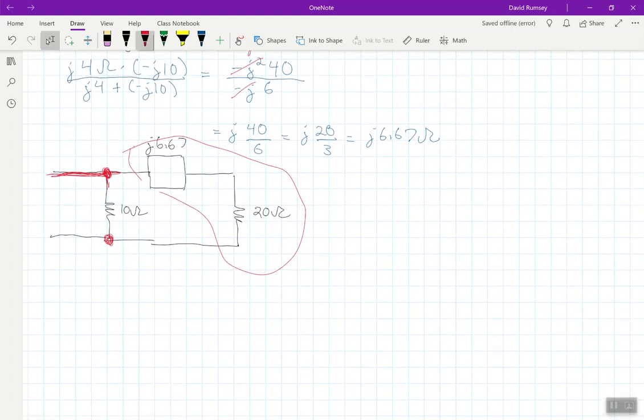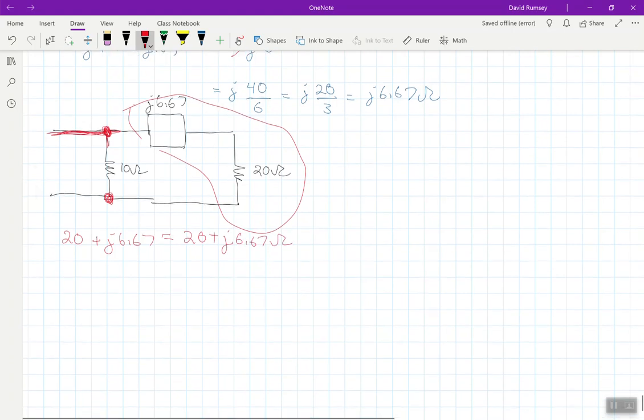So doing those in series, well, it's kind of a little silly, but you'd have 20 plus J 6.67, which is equal to, nothing combines together. So that's 20 plus J 6.67 ohms. And so now my circuit, if I redraw it, looks like the following.